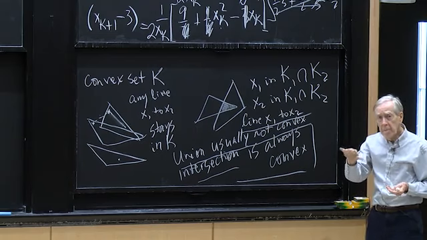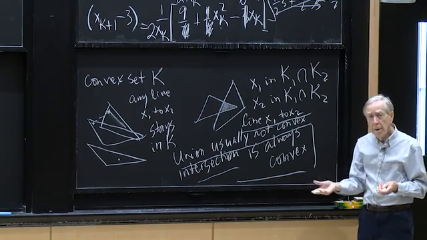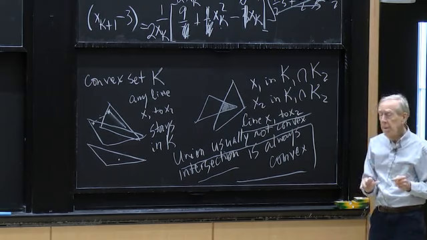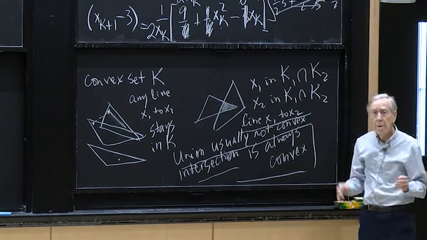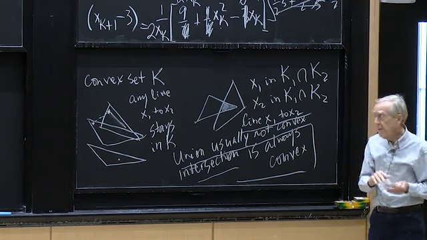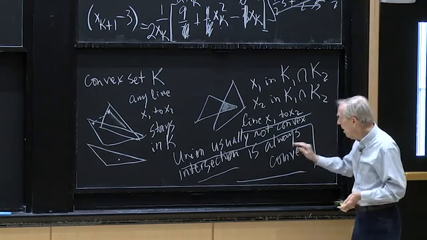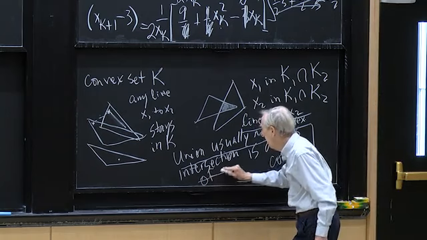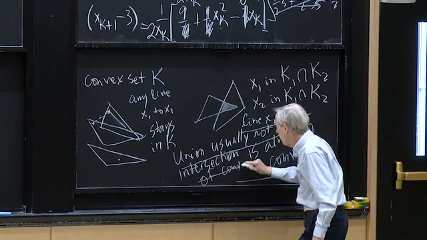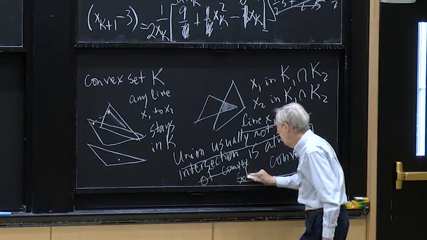And is that line between them in K2? Yes, same reason. The two endpoints were in K2, so the line between them is in K2. So the intersection of convex sets is always convex. Good.